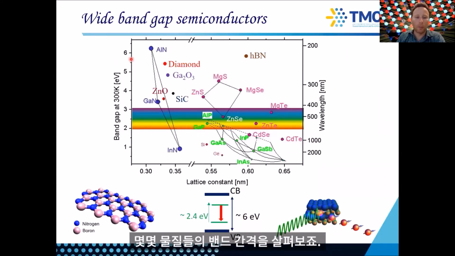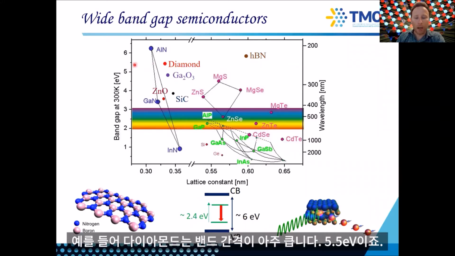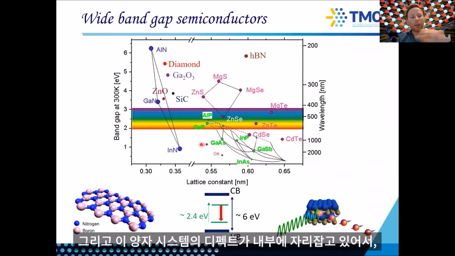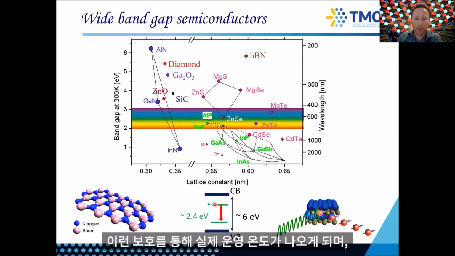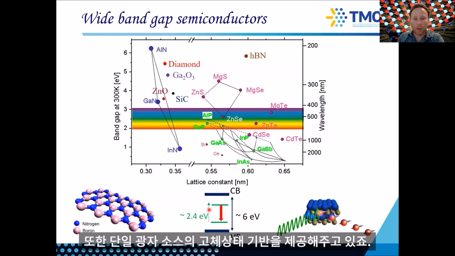If you look at the bandgap of a few materials, for example diamond, the bandgap is very large, about 5.5 eV, and your artificial quantum system actually resides inside, so it doesn't interfere with any of the bands. This protection yields its room temperature operation and also provides you this solid state platform for single photon sources.